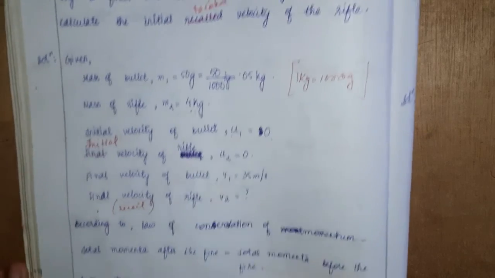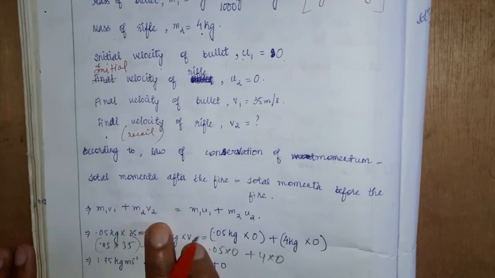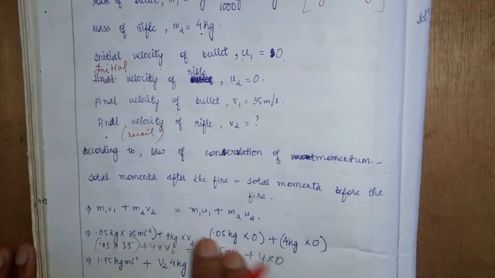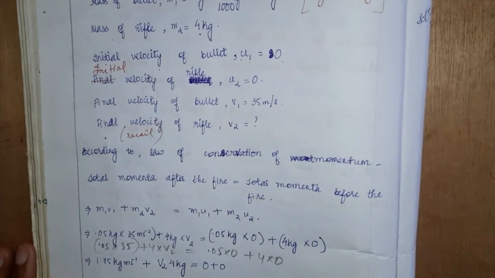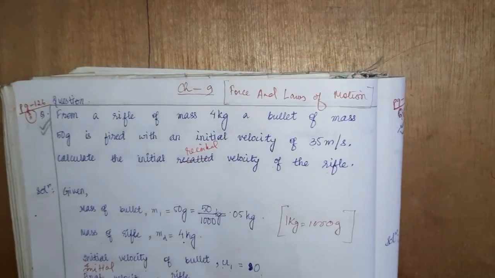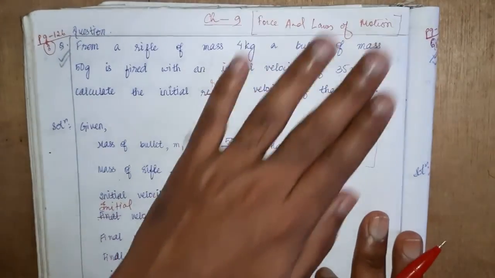Once you decide this, we have seen that the law of conservation of momentum is the suitable mathematical relation. Once you decide this, the rest is easy. So this is the way you have to approach a particular problem, and that's all for this video.